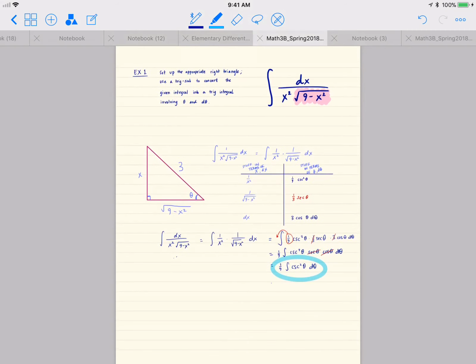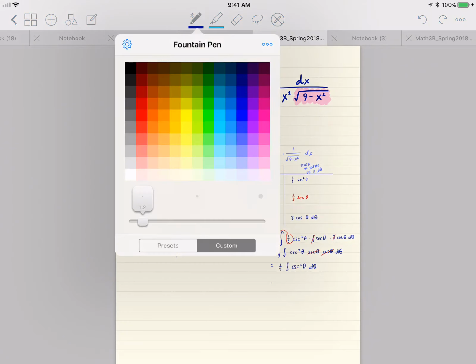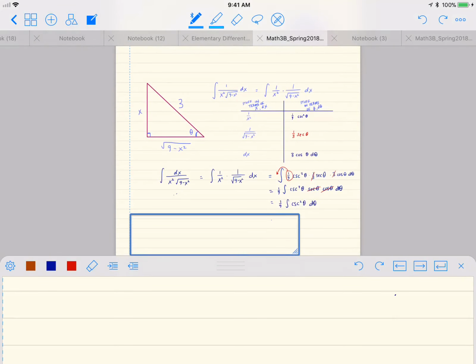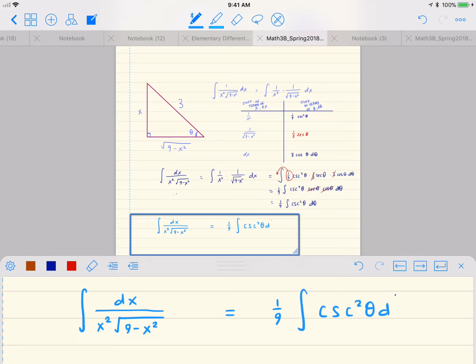If we were to write a synopsis of what we did in this step, here's what we would write: the integral of dx over x squared times the square root of 9 minus x squared is equal to 1/9 the integral of cosecant squared theta d theta.